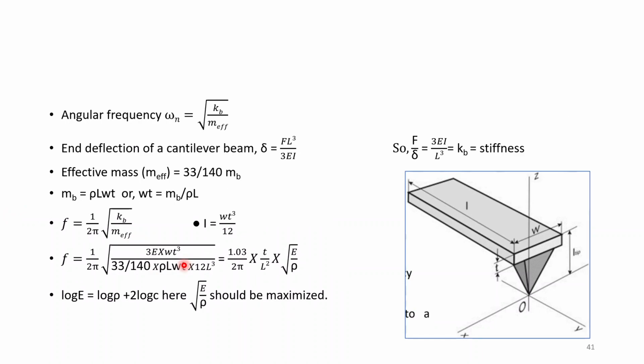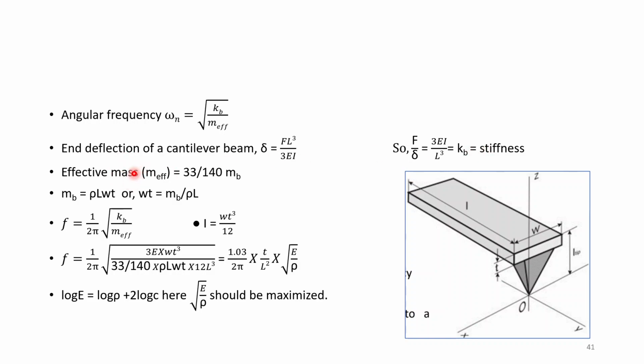For angular frequency omega n, you can write under root kb upon m effective. M is effective mass, kb is your constant stiffness. So end deflection of a cantilever beam delta is given as FL cube upon 3EI. Now F upon delta can be given as 3EI upon L cube equals kb, which is stiffness.